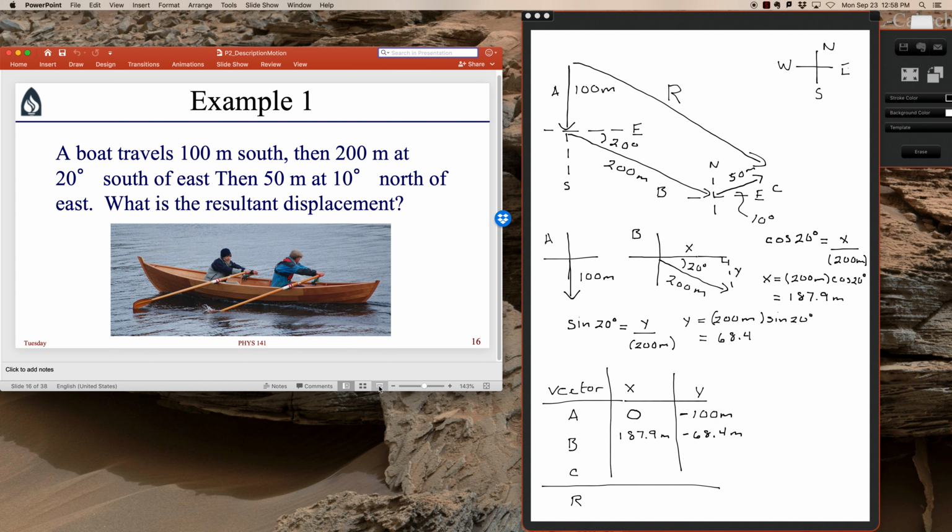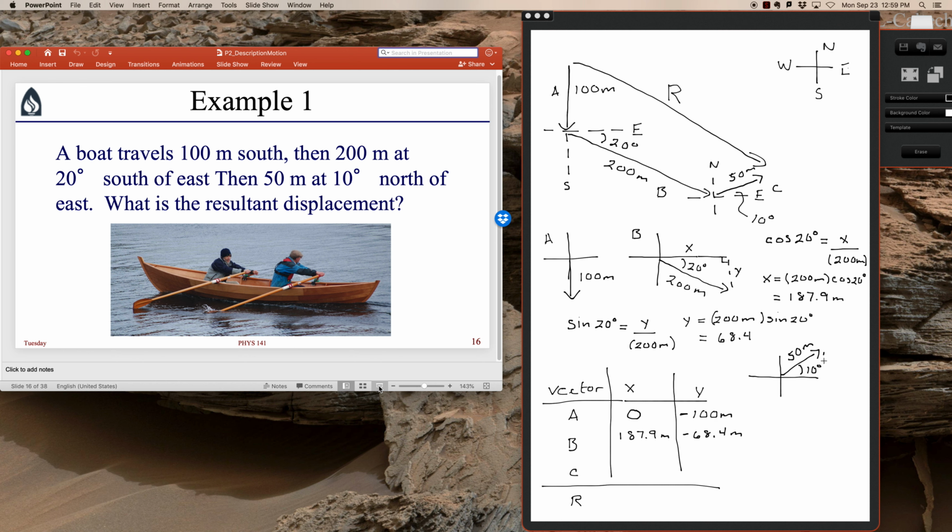All right, so I've broken up A and B into x and y components, and the third vector is, of course, vector C. So if I draw a picture of vector C all by itself, here is vector C. Vector C has a magnitude of 50 meters, and it's in a direction that's 10 degrees north of east, or 10 degrees above the positive x-axis.